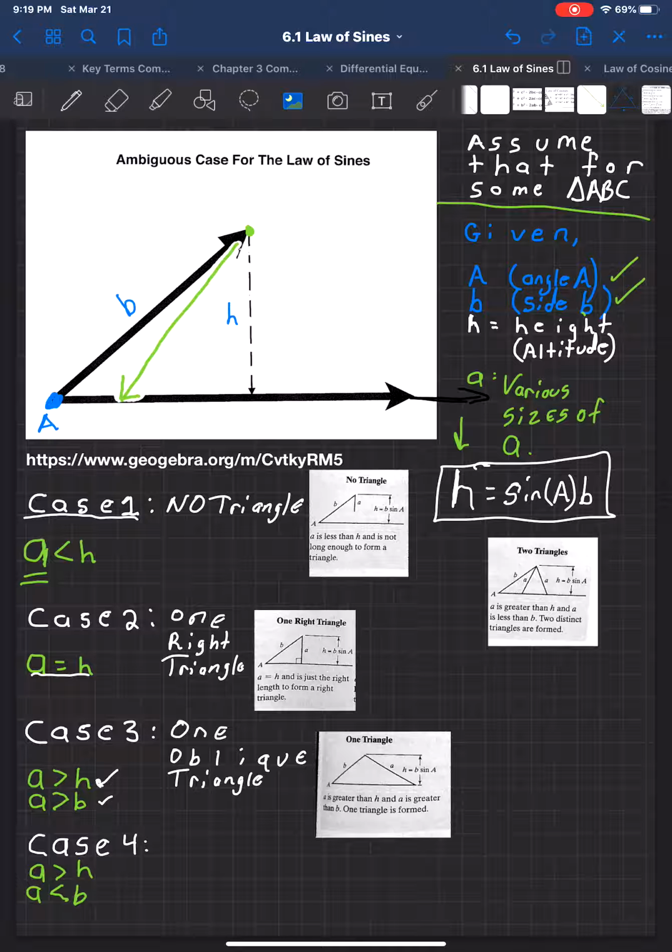So this indeed is the toughest case, a scenario where if A is larger than H but less than B, you will actually get two triangles, right? Two oblique triangles.